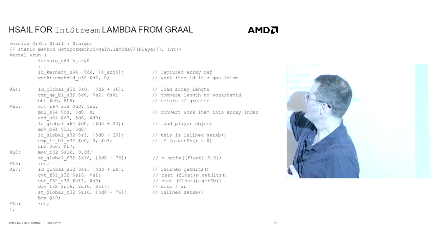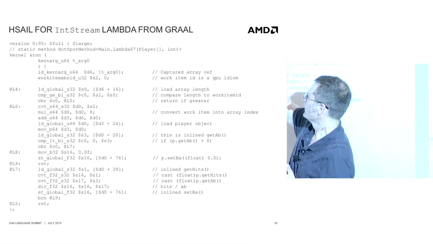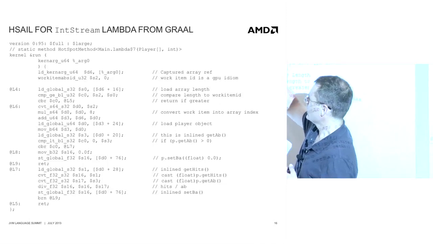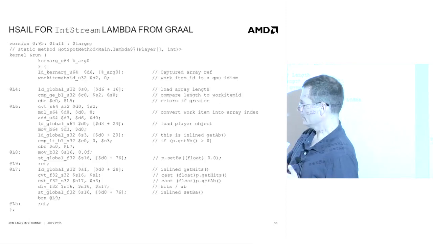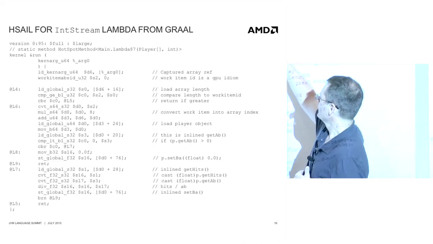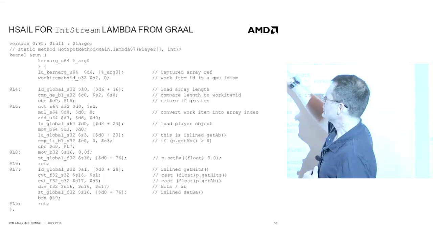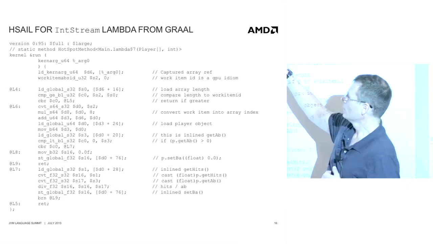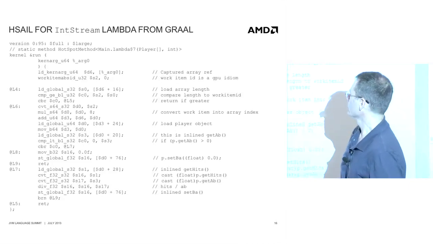We use that as the index into the players array to find out which player to operate on to do the batting average calculation, and then store the answer back. That's the way that each stream core finds out what data item it's supposed to work on.